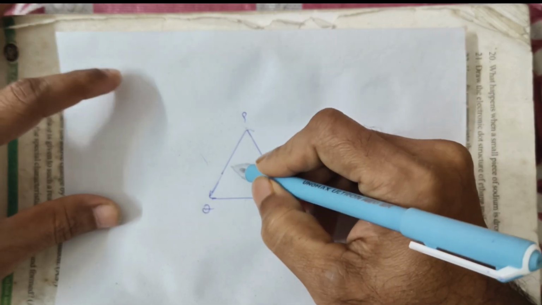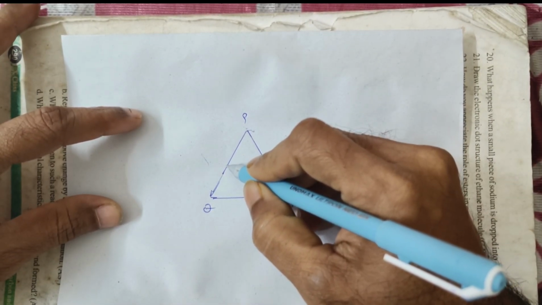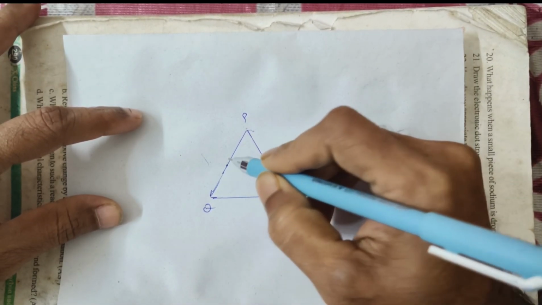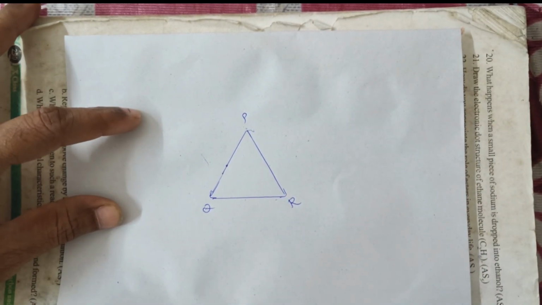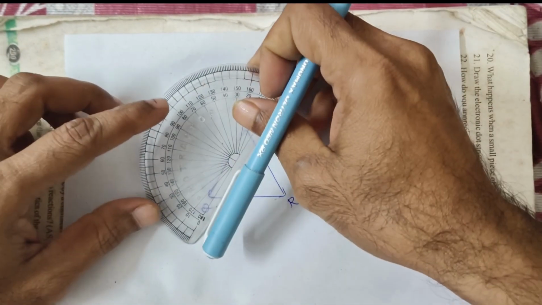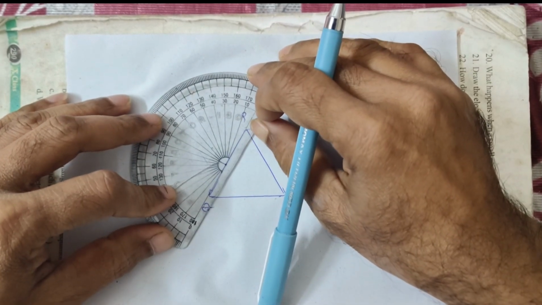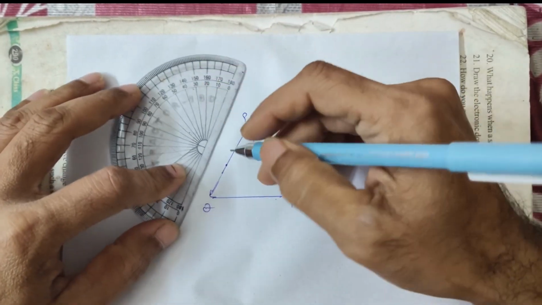Now consider a point on PQ somewhere as per your wish. Draw a perpendicular from the point.